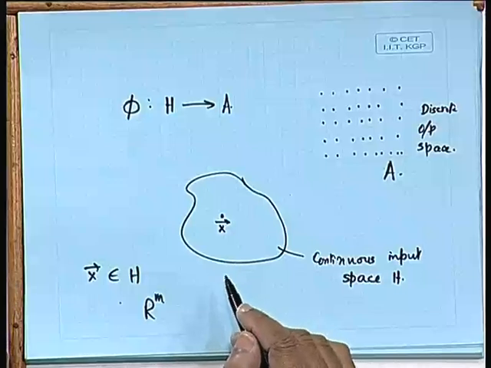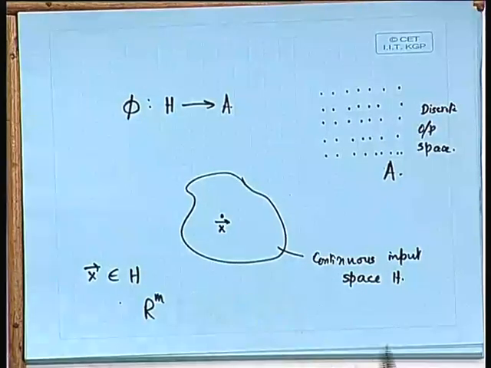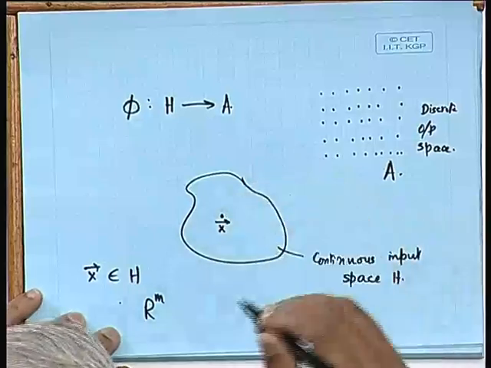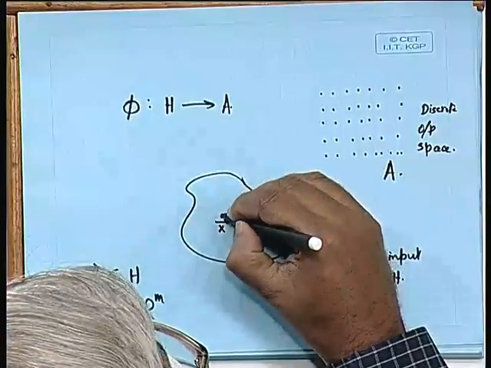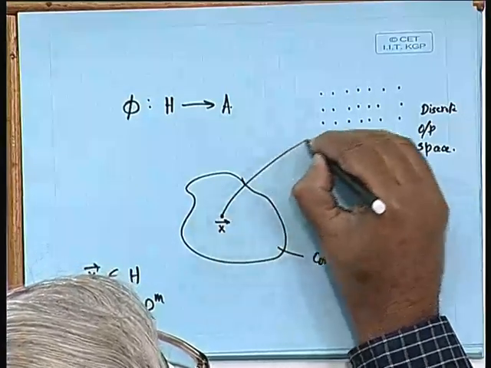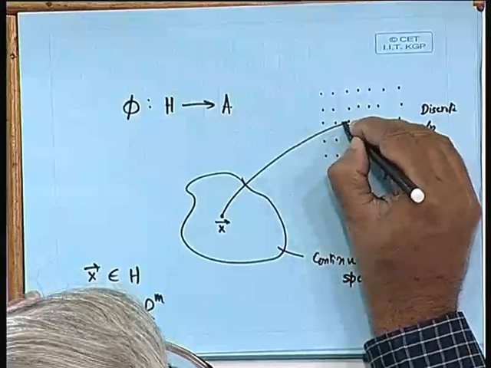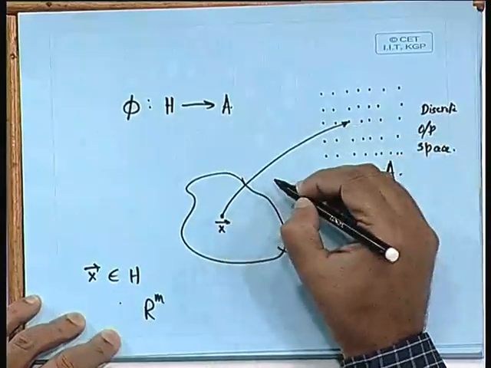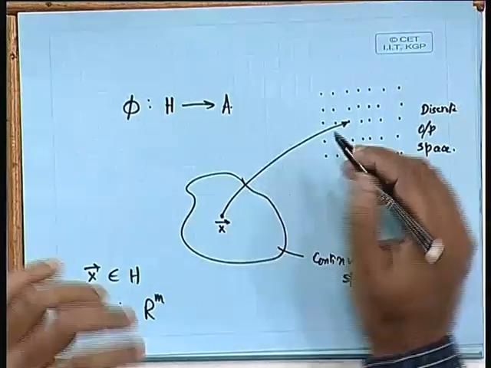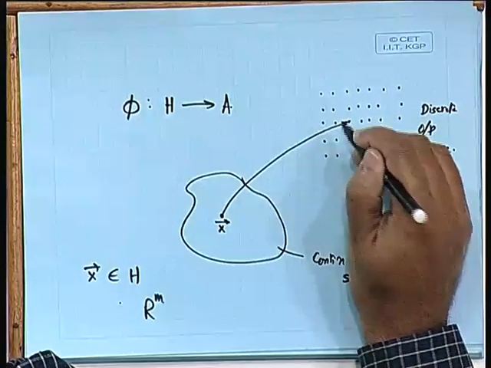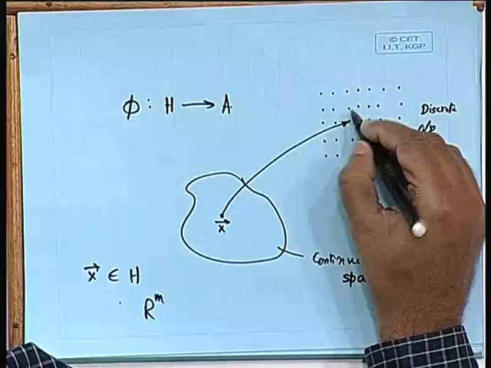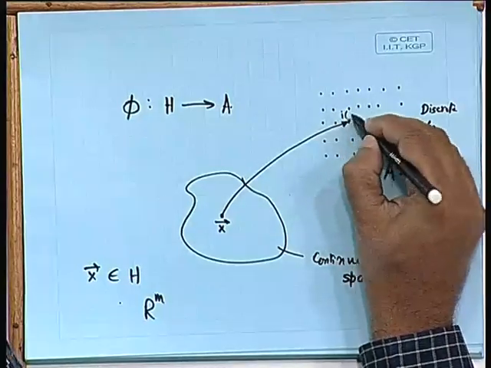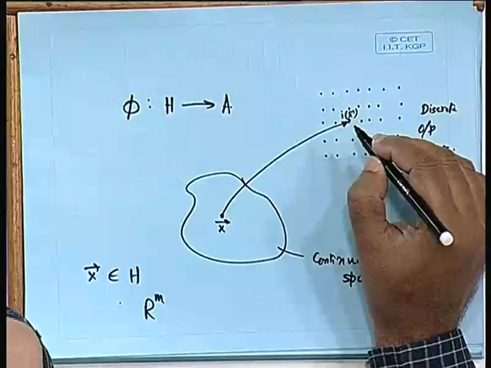All right. Now, this is the way we can imagine it. Let us say that this x vector is mapped into some point, let us say here. Supposing after feeding this x vector, this neuron happens to be the winner. So, we get I of x, the winner in the competition.